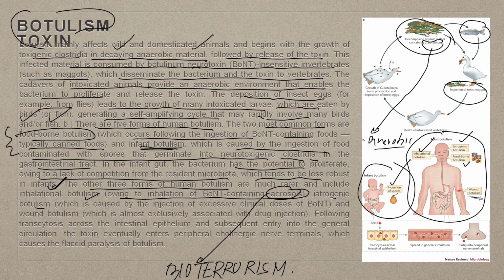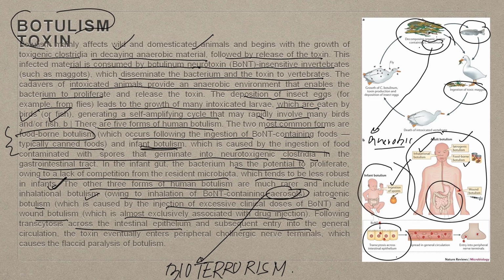Iatrogenic botulism, which is caused by injection of excessive clinical doses of botulinum toxin, and wound botulism, which is almost exclusively associated with drug injection. Following transcytosis across the intestinal epithelium, this is what is happening out here, there is spread in general circulation and entry into the peripheral nervous system, which causes flaccid paralysis in botulism.